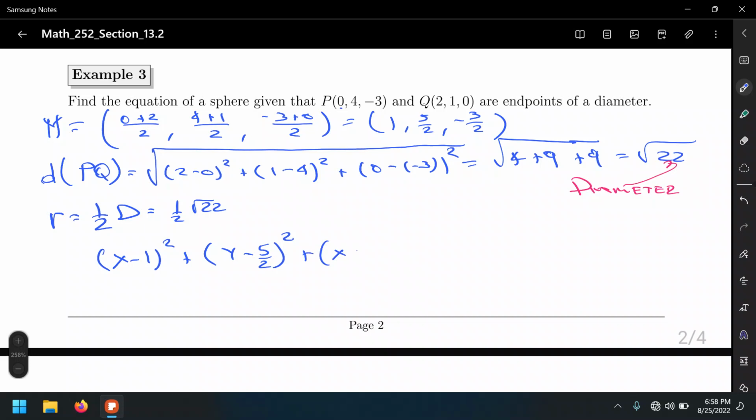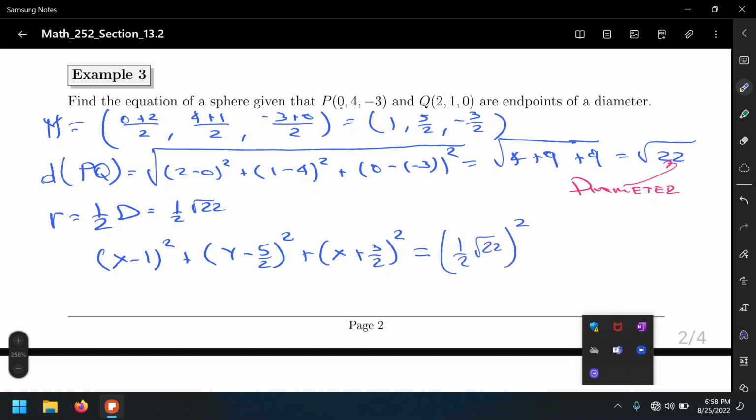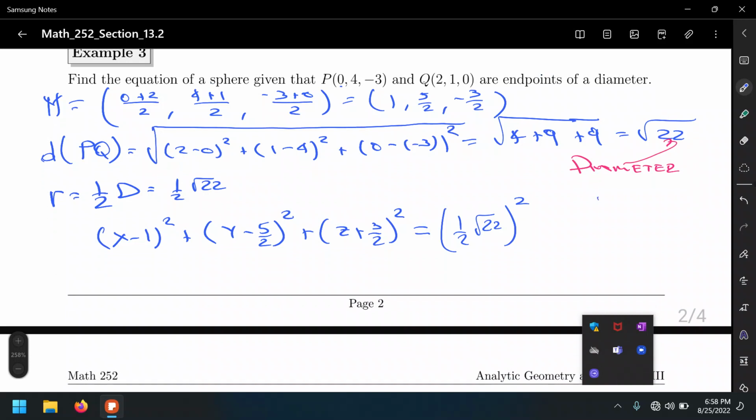Be careful here, that becomes z plus 3 halves, squared, and equals the radius quantity squared. Be careful when squaring this. The square root of 22 squared is just 22, over 4, which reduces to 11 halves.